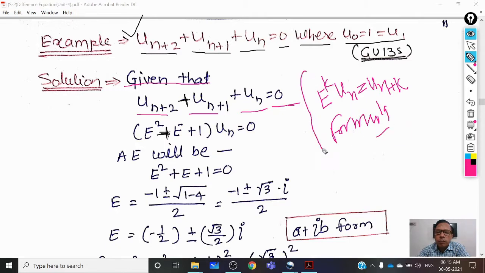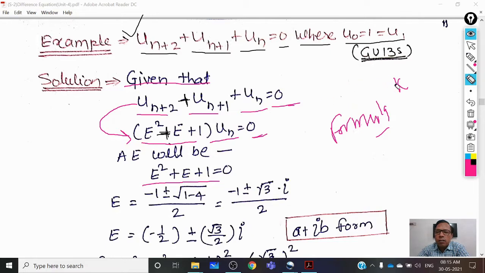By using this formula, this equation can be written as (E^2 + E + 1) u(n) = 0. So the auxiliary equation is E^2 + E + 1 = 0. Suppose this is equation number 1.